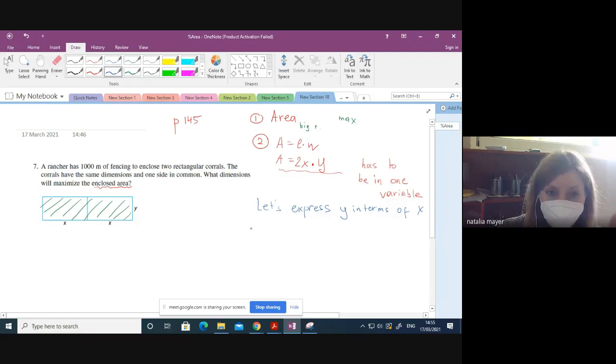Given that we have this side as well. So when you are fencing, right, you're fencing all of them, right? So how can we express the perimeter to represent all the sides as a sum of all the sides.